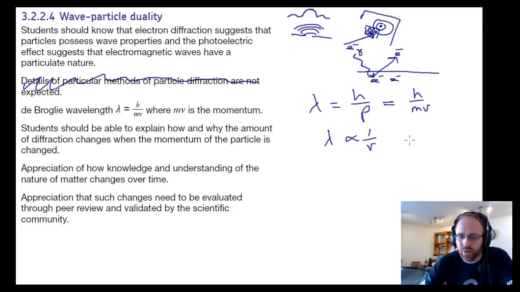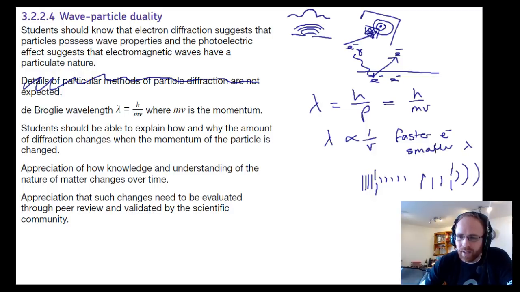If I have an electron going faster, we get a smaller wavelength, which means less diffraction. If I have a longer wavelength, I get more diffraction.